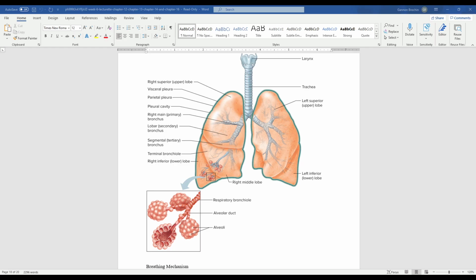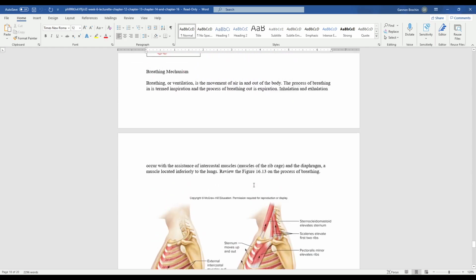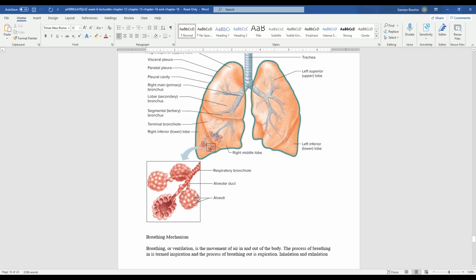Essentially, at the alveoli, though, we will have capillaries wrapped around. And this is where we tie ourselves back into the cardiovascular lecture, because the deoxygenated blood comes in and will release any gas waste here. So typically CO2.